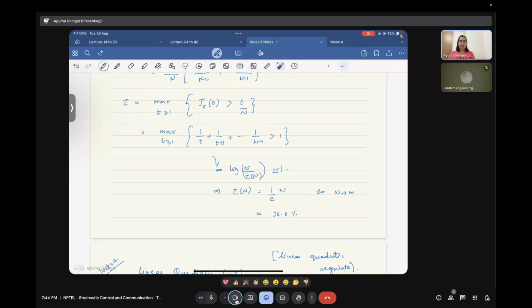This means jt of 1, the max of jt of 1, is this. Sorry, this is when you should continue. So you should continue for roughly 36% of the whole data that you're seeing. Beyond that, choose the best one you want to choose.